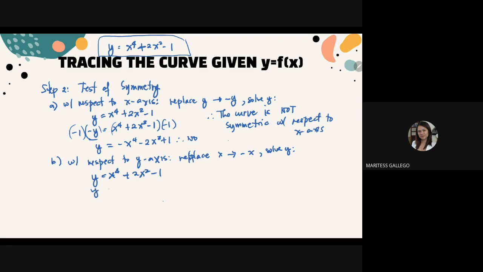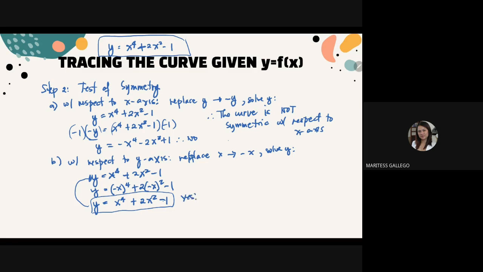And then we now replace our x by negative x. And then we solve now for y again. So we solve for y. So this positive pa rin yan. Positive pa rin to. Minus 1. And then we check now this one. Is this similar to the original function? Pareho sila. So yes.